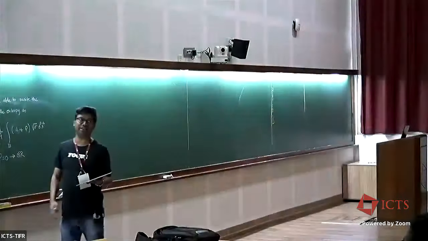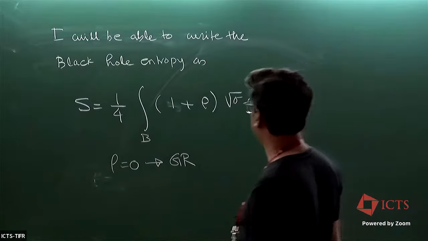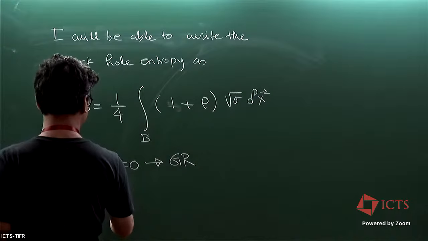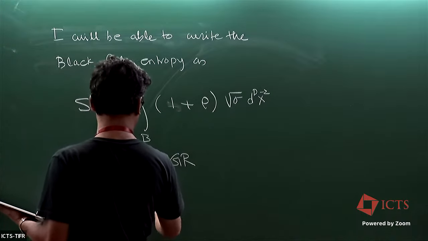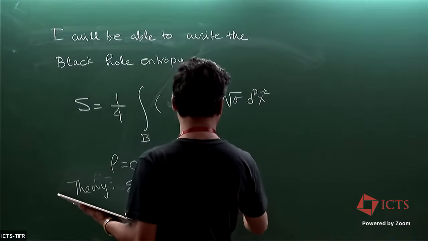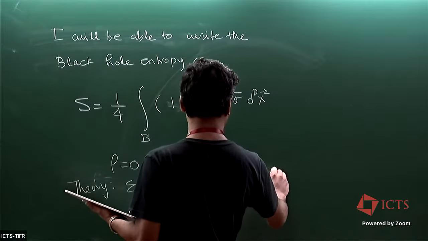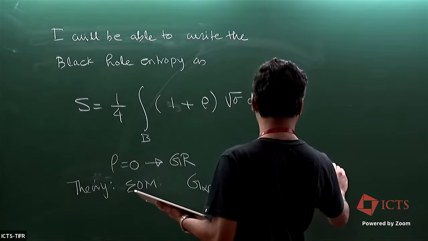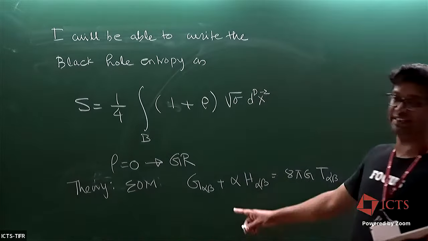But we can always write rho according to this. Let's assume the theory we are working with has an equation of motion of this form: G_{alpha beta} plus alpha H_{alpha beta} equals 8 pi G T_{alpha beta}. I don't know what these H_{alpha beta} are.